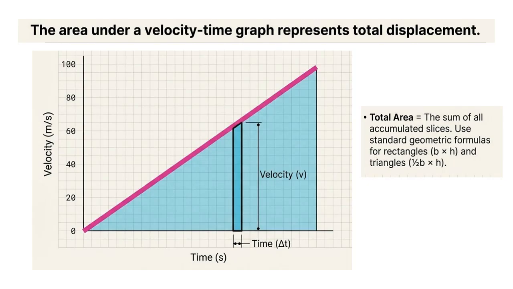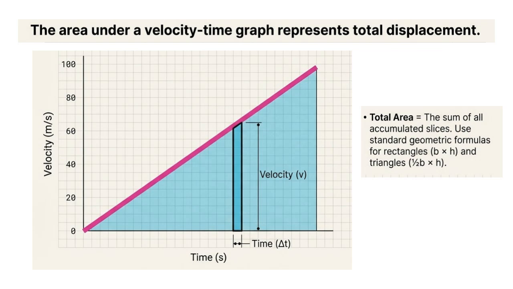When analyzing a velocity time graph, the total displacement can be found by calculating the area under the curve. This graph shows velocity increasing linearly over time, creating a triangular shape. To find the total displacement, we divide the area into simple geometric shapes like rectangles and triangles, then apply standard formulas.